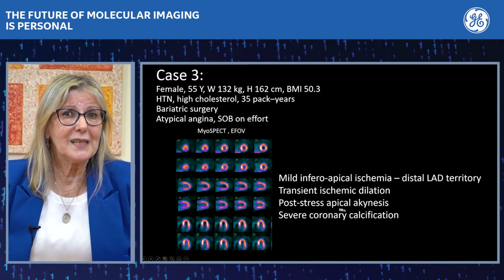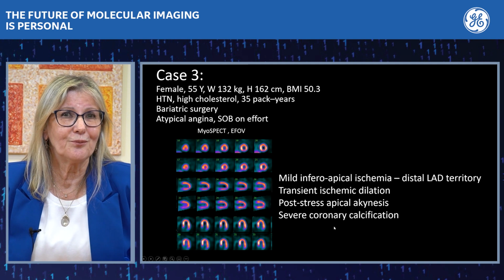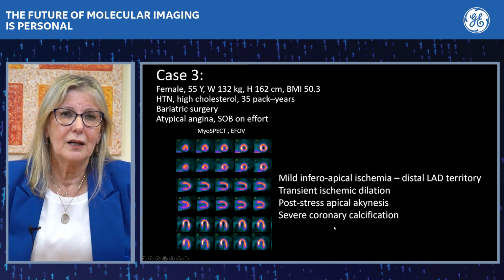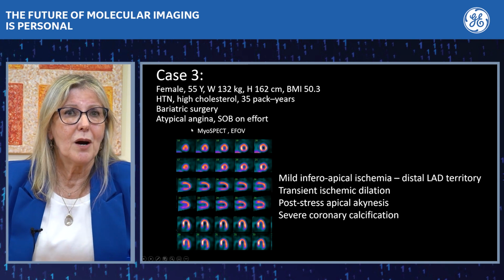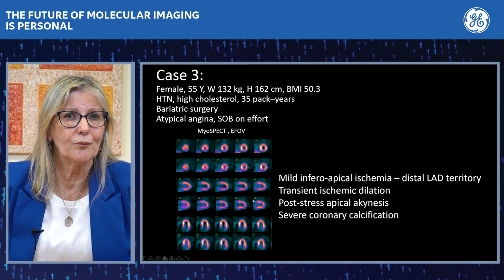We see post-stress apical akinesis and severe coronary calcification. All this diagnosis was possible due to the myospect acquisition. Thank you for your attention.